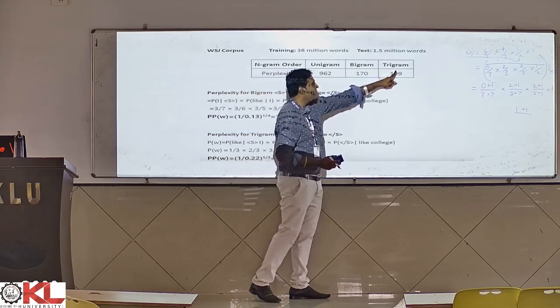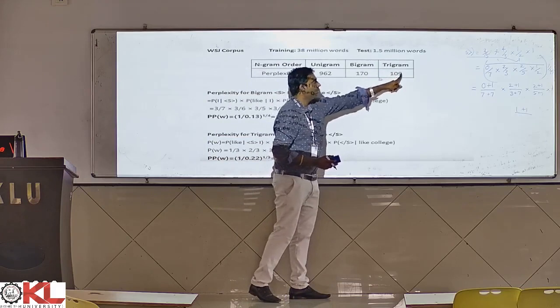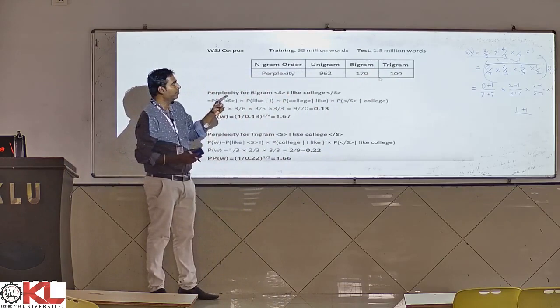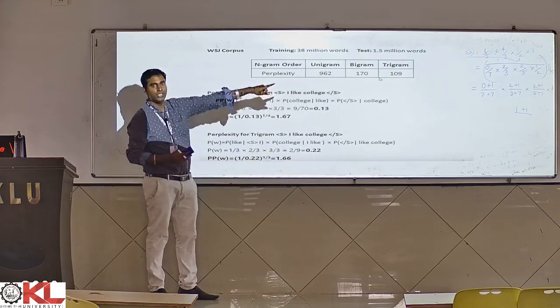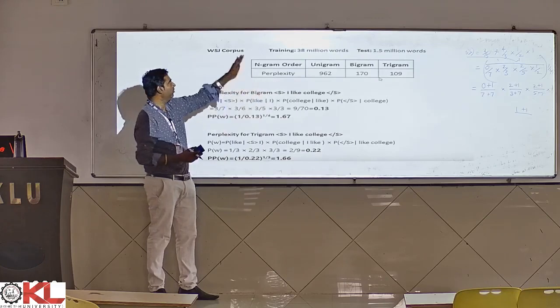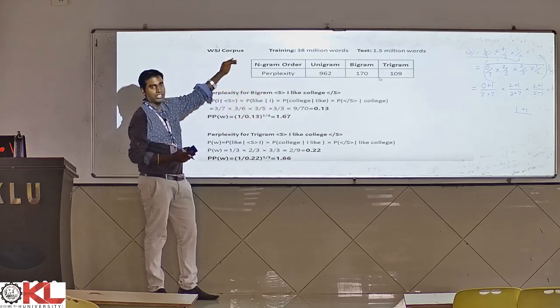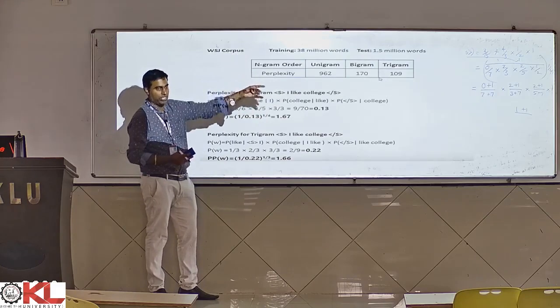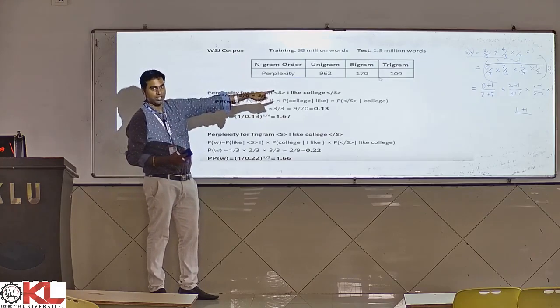And when we go with the trigram model, the perplexity value is 109. What does it mean? Trigram gives the better result. This is what we can conclude in this particular corpus.